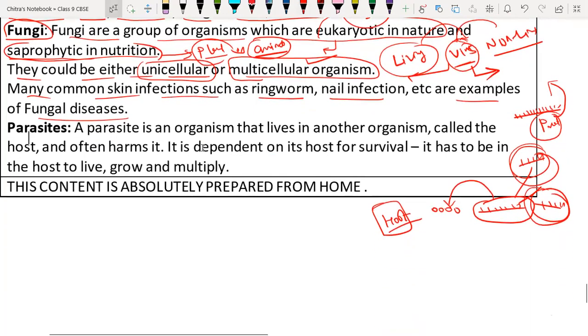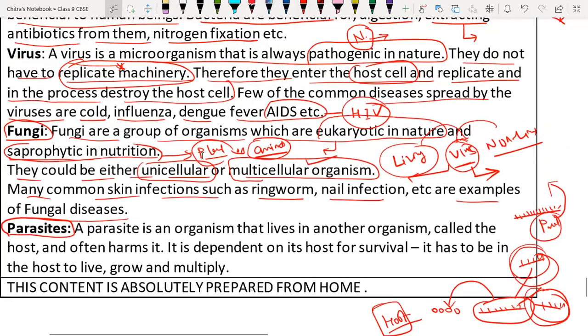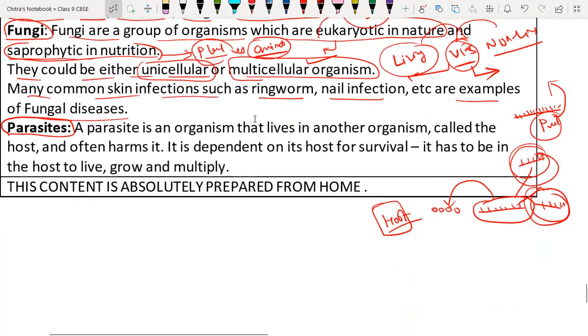So now we have the parasites. Parasites are organisms that totally depend on a host body for their nutrition. Generally in children's stomach or intestine, many worms are present, like Ascaris, which is called roundworm, tapeworm, and liver fluke.